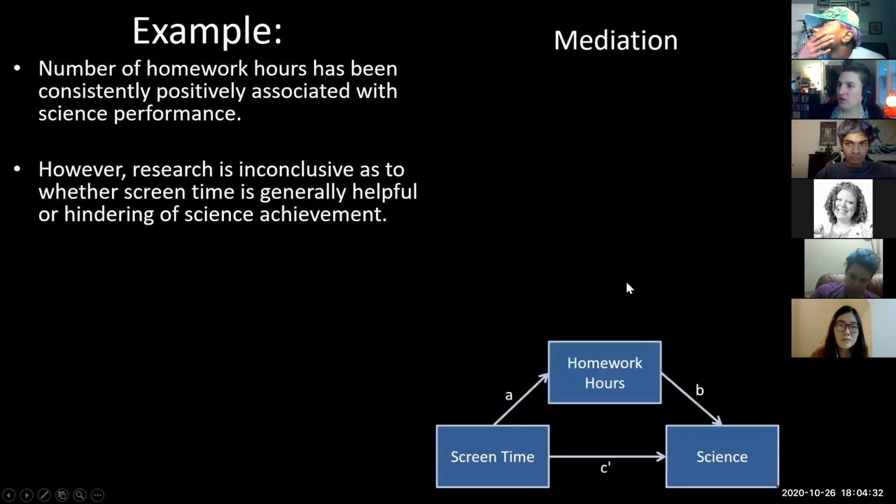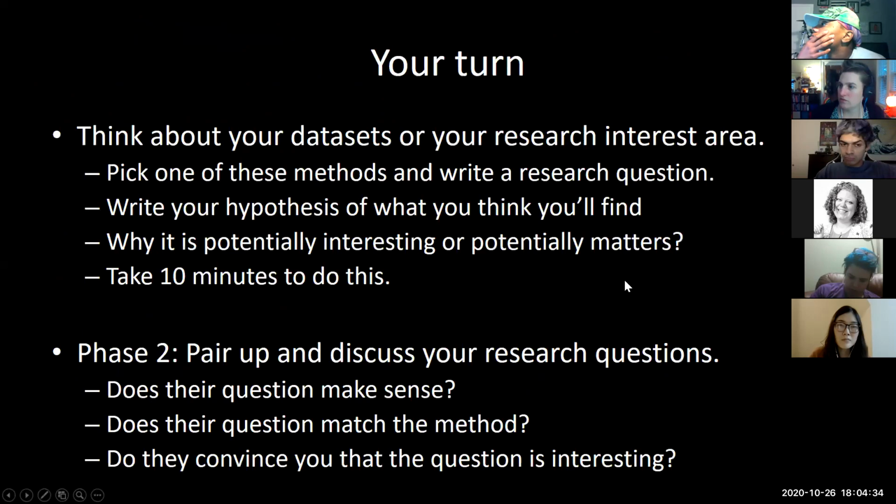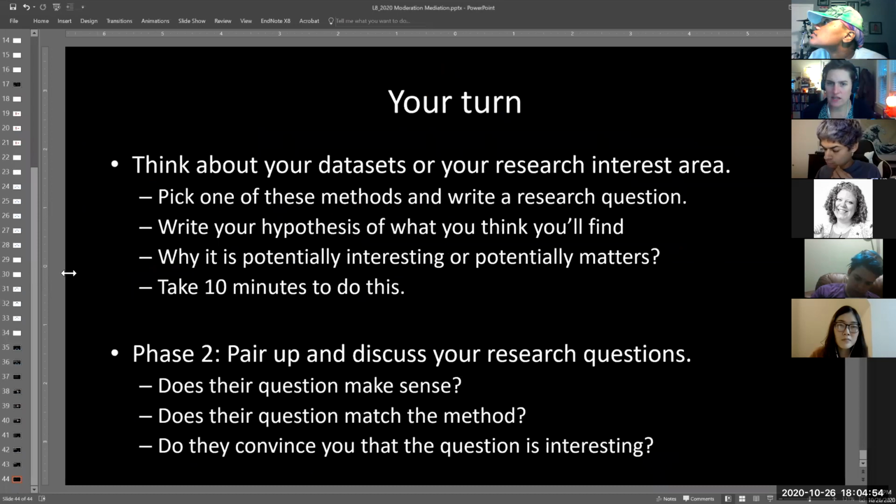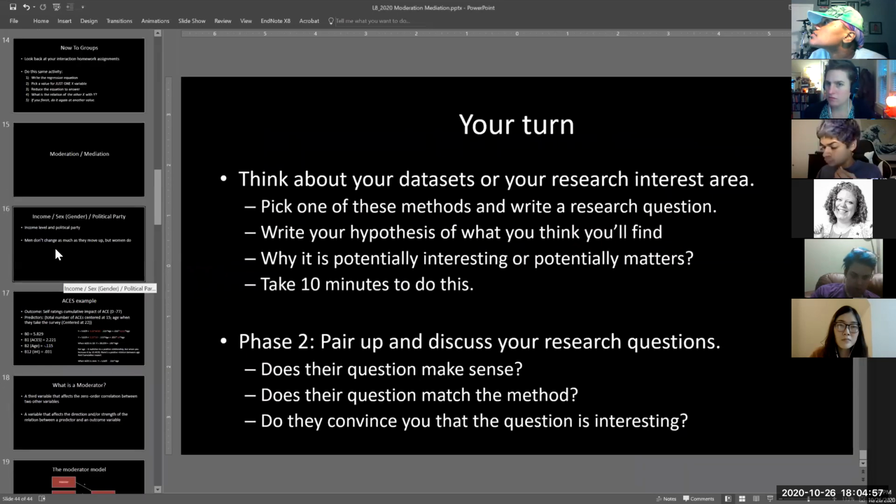Let me see if I have a slide where I compare the 2. I said 10 minutes because I thought we'd go through the last bit faster. Let me find a good slide to share with you.